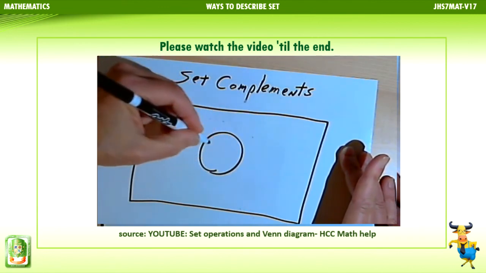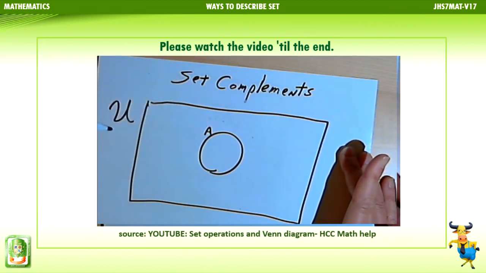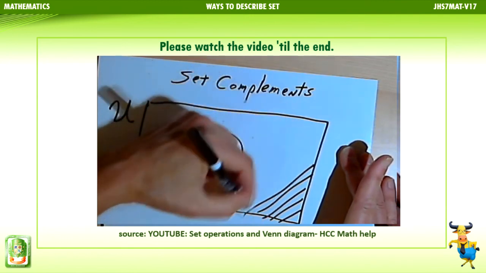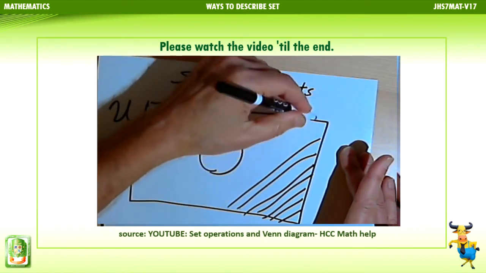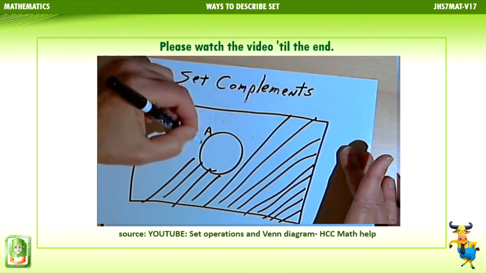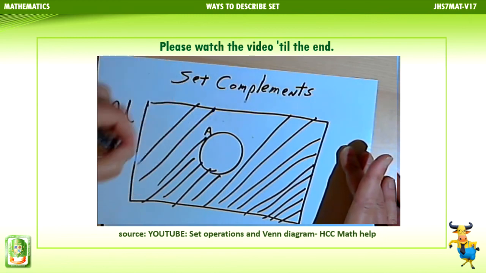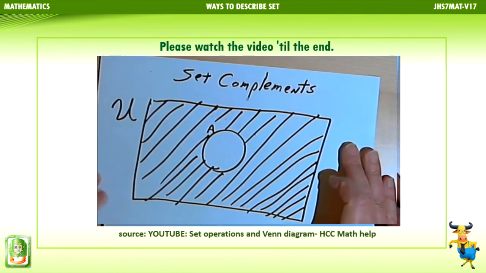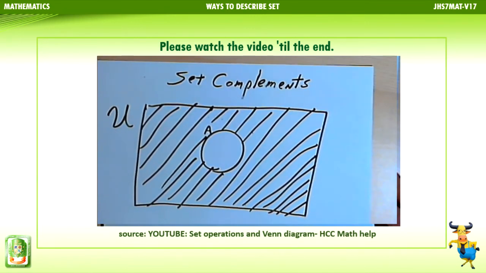That circle will represent A. And the complement of A would be everything that's in the universe and outside of the circle. So basically I'm shading in all of the areas that are not in the circle. Okay, so that's a set complement.